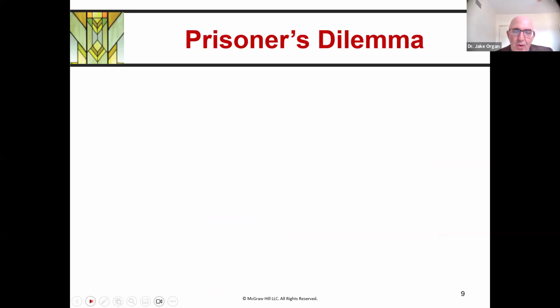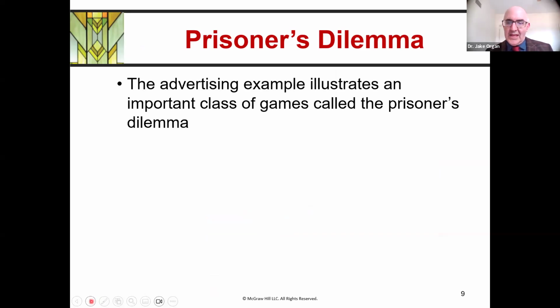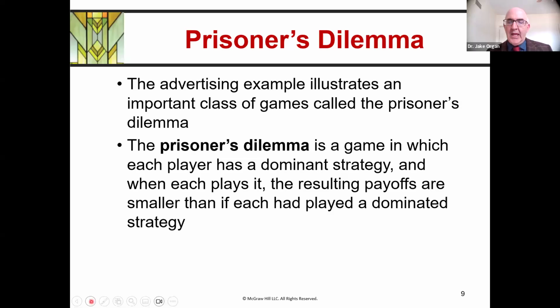Okay, now this is all about this idea of the prisoner's dilemma, and I don't know if you've seen this before. You might have seen this on television. This is a particular type of game called the prisoner's dilemma. The prisoner's dilemma is a game in which each player has a dominant strategy, and when each player plays it, the resulting payoffs are smaller than if each player had played a dominated strategy.